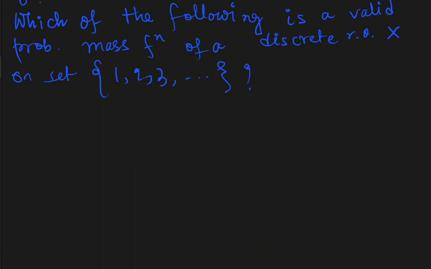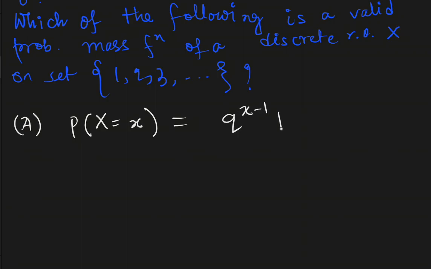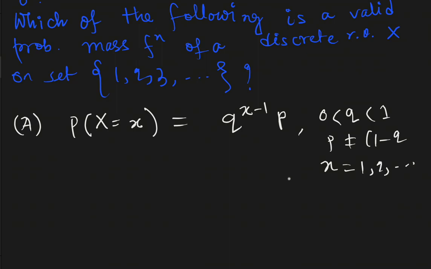Okay, what are the options? A is P(X = x), the mass function, is q to the power x minus 1 times p, for 0 less than q less than 1 and p not equal to 1 minus q, and x equal to 1, 2, and so on.